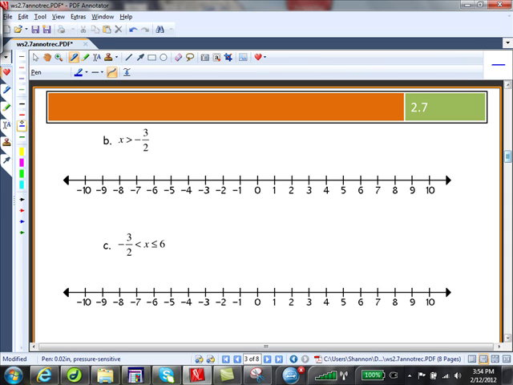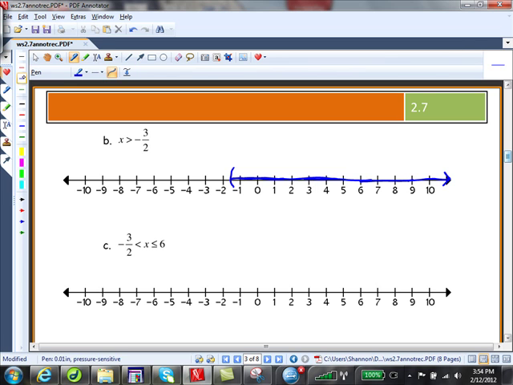All right, so this next part, x must be greater than negative 3/2. So negative 3/2 is in the middle between negative 1 and negative 2. We're going to put a parenthesis because we're not including that endpoint. And then we keep shading and darkening the arrow.